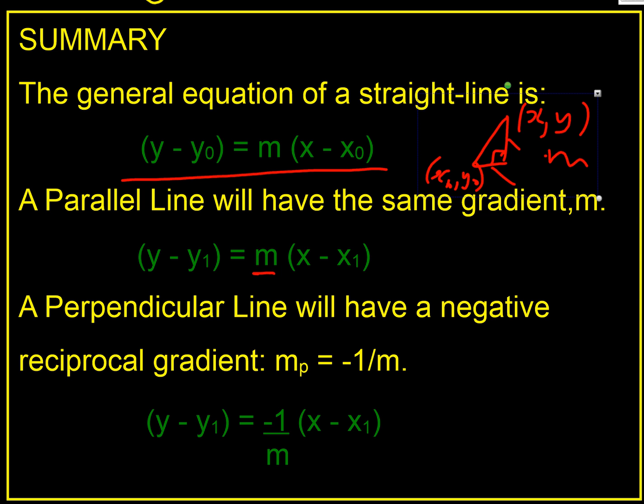If we want a parallel line, it's going to have the same value m, and we've got a new triangle here with a different start point, x1, y1. If we want a perpendicular line, we have to remember that the perpendicular gradient will always be -1 over m. From the similar triangles approach, we took that triangle, rotated it 90 degrees clockwise, and again we've just got our two brackets for the base and side of our triangle.